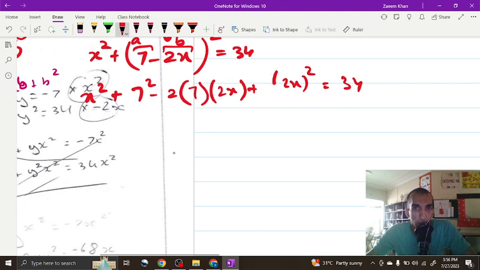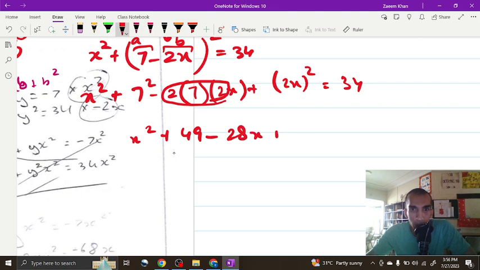I think I can do it. Will you manage, or do I solve it for you? I'll solve it. x square plus 49 minus these three numbers multiplied together will give us 28x plus 4x square is equal to 34.